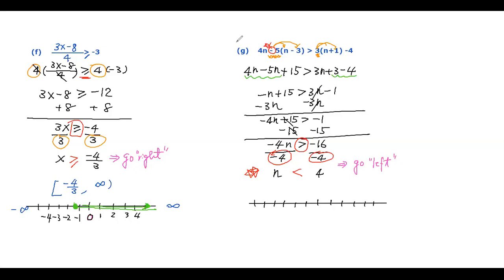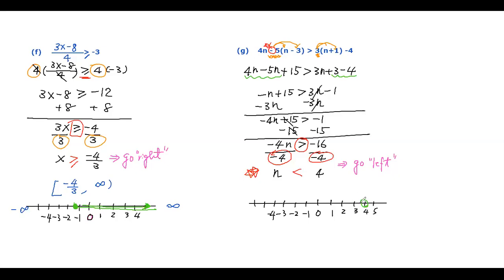Okay, so now let's try to graph it. I need to mark it. So this is 0. This is 1, 2, 3, 4, 5, negative 1, negative 2, negative 3, negative 4. Okay, so n is less than 4, right? So I go to 4 here. Is it a solid or an open circle? It's an open circle. Why? Because it's less than, I do not have an equal sign. Because it's less than, do I go left or go right?